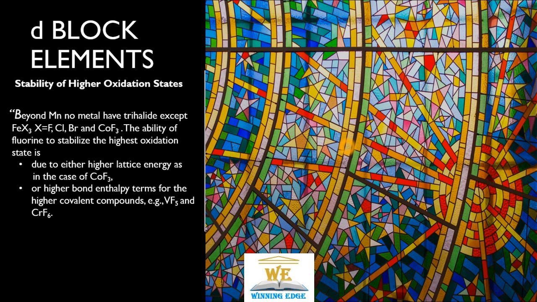Because of the ability of fluorine to stabilize the higher oxidation state, we only saw trihalides for cobalt and iron. For iron, +2 and +3 only, for the fluoro group, chlorine and bromo group. Then we have another compound, cobalt trifluoride.